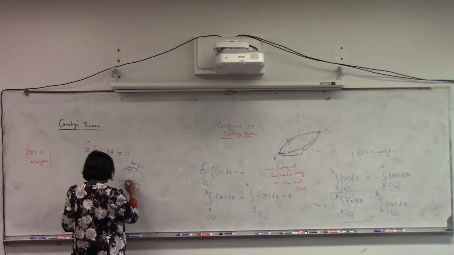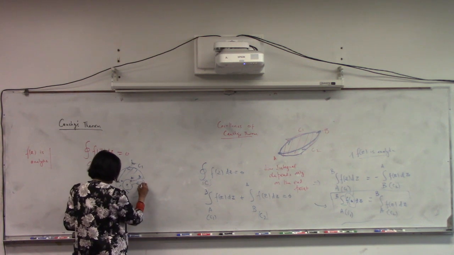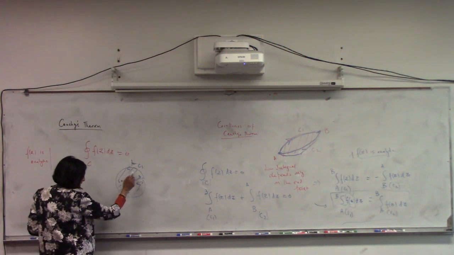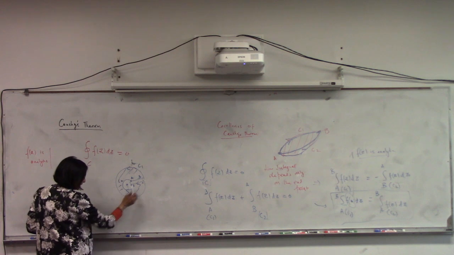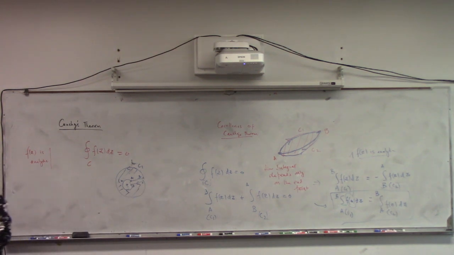And let me just draw it this way, and then A, B, and then C. So what we're told is f of z is analytic here, on C1 and C2, and I have a small slit here. So how do I apply Cauchy's theorem to this contour? Because Cauchy's theorem requires only a closed contour.